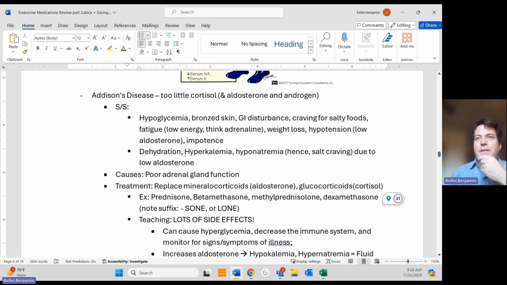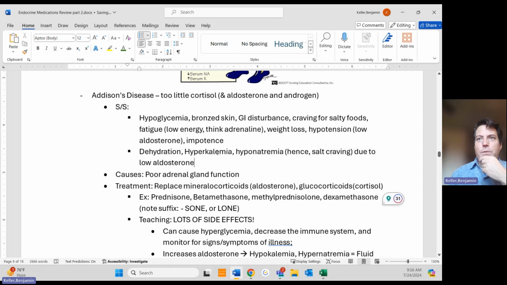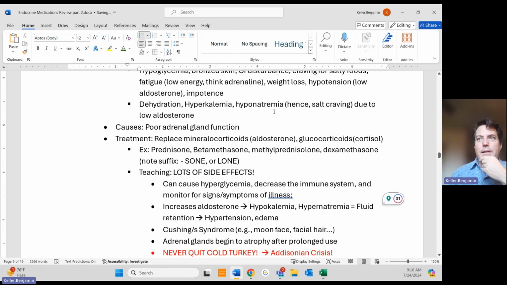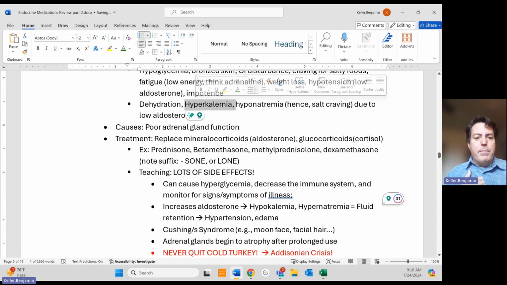But the biggest concerns you have are dehydration because of the low aldosterone, and hyperkalemia and hyponatremia. So these people have high potassium and low sodium. Anytime you see hyperkalemia or hypokalemia, I want you to be thinking potassium pump. If you ever see anything that's a potassium question, I want you to be thinking heart.